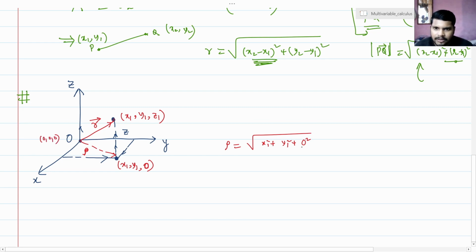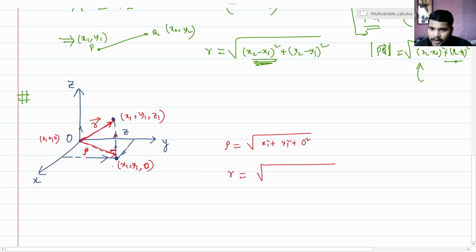Now once you have done this, I'm going to go over here. How will r look? It is made up of rho. You can see over here that it is making a certain angle, right? This is basically perpendicular over here. So I can find r squared like this. We are going from here to here and then here, right?